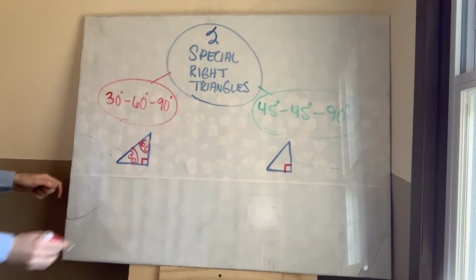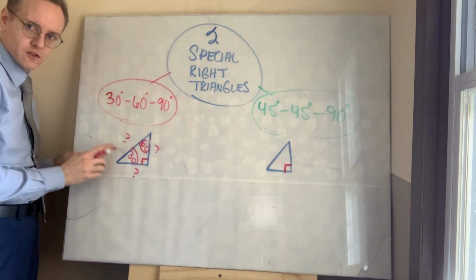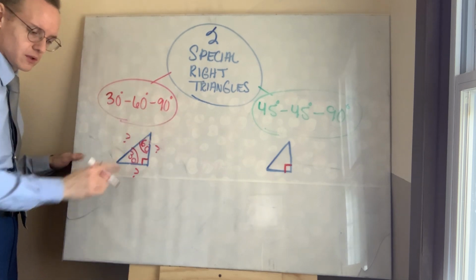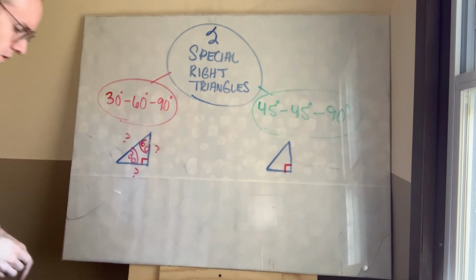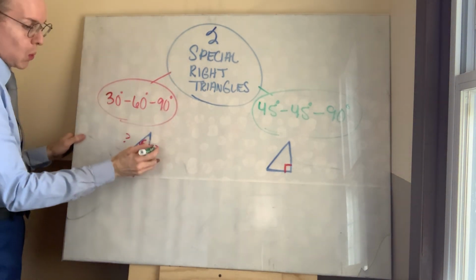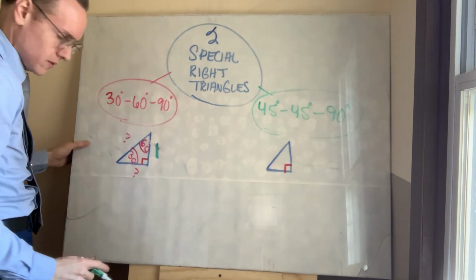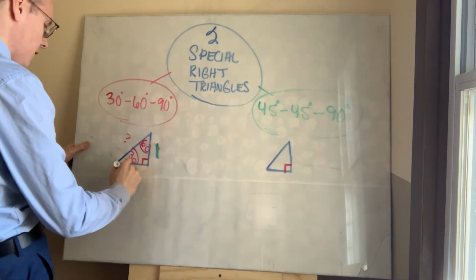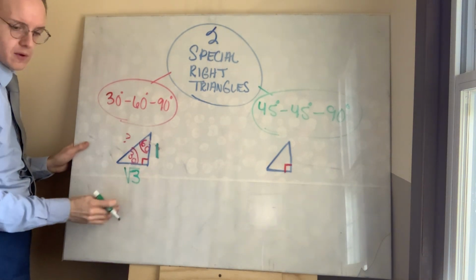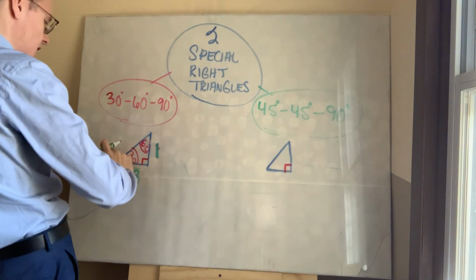The dimensions of the sides here, here, and here are consistently true for a 30, 60, 90-degree triangle. They are 1, the square root of 3, and 2 for the hypotenuse.